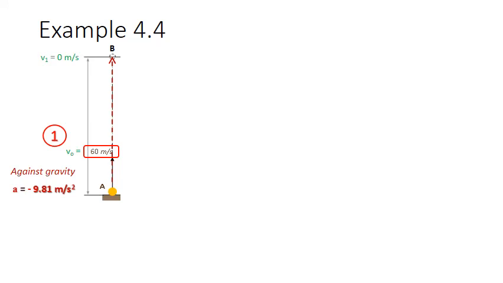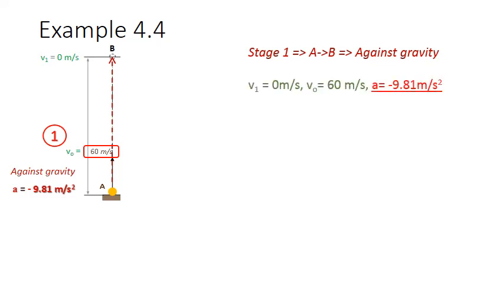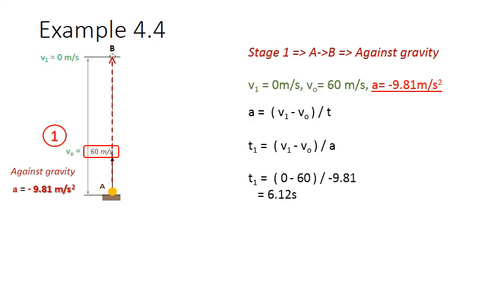Let's focus on stage 1 first, A to B. Again, pen down all the information that we have for this stage. In order to find time, the acceleration formula is the one we should be employing. By rearranging the equation and plugging in all the known values, we have the time t1, which is 6.12 seconds. That's the time taken for the ball to travel from point A to B.